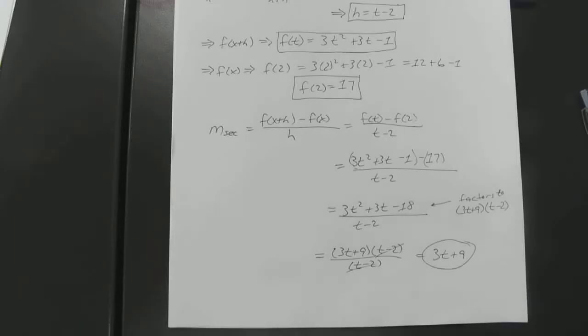If you plug in different values of t, you'd get the slope at different spots. So it doesn't necessarily have to be a number; it could be another linear function. All right, any questions on that one?